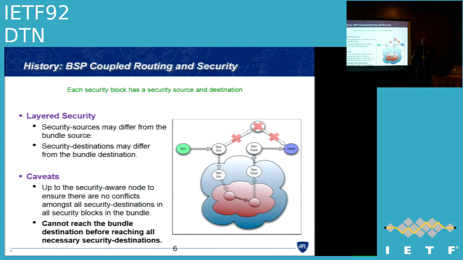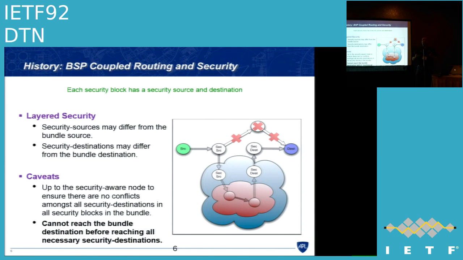But that requirement was not there in BSP, so that you could have a waypoint, which in this picture is located as a security source, which is separate from the bundle source, and a security destination, which was separate from the bundle destination. And it was a mechanism for trying to do a security tunnel without creating a security tunnel.